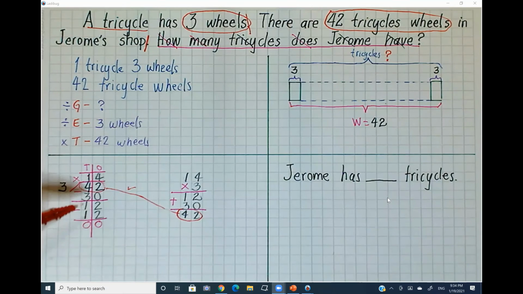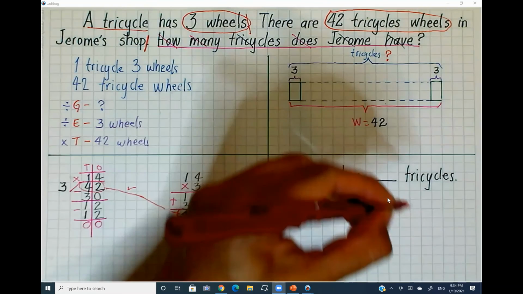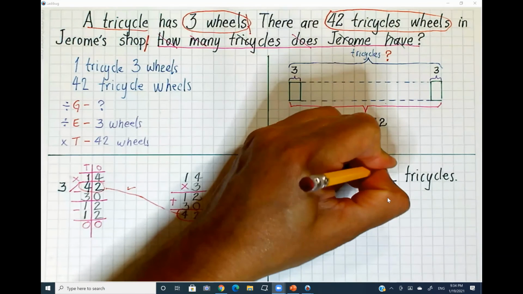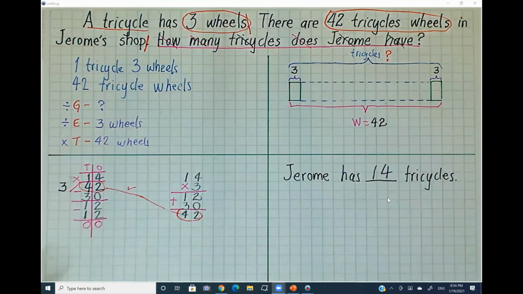My answer is going to be 14. That means I have 14 groups. So let's write it down. Jerome has 14 tricycles. Now let's just check if it's true.